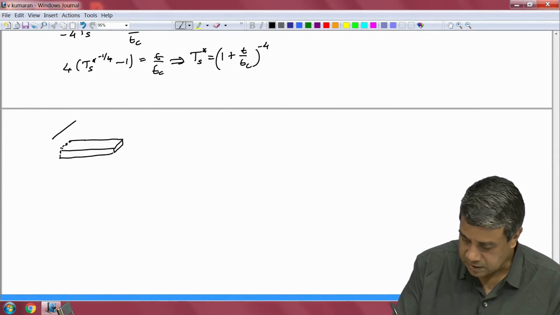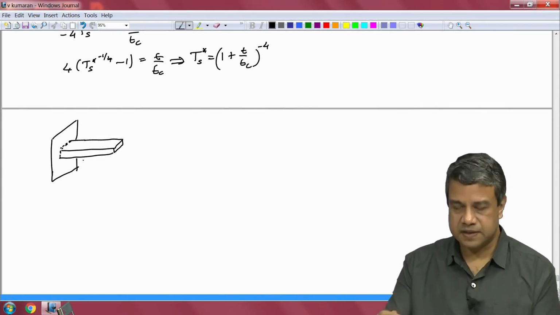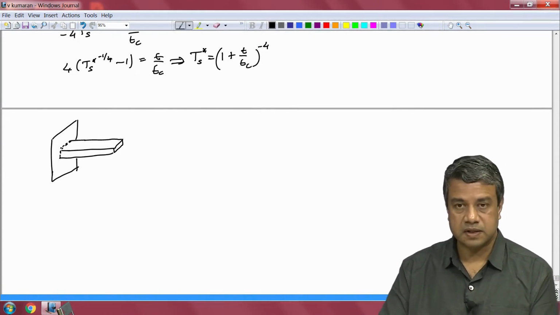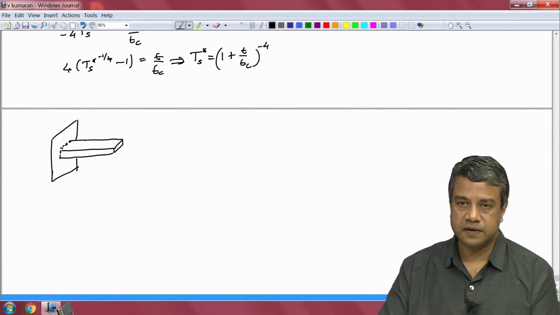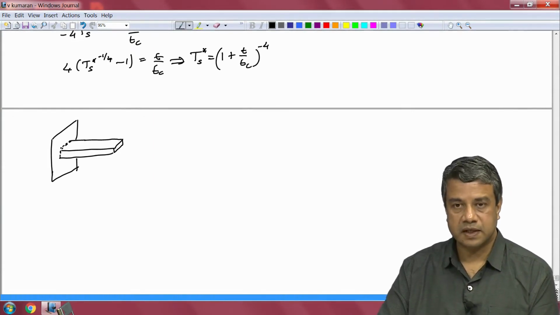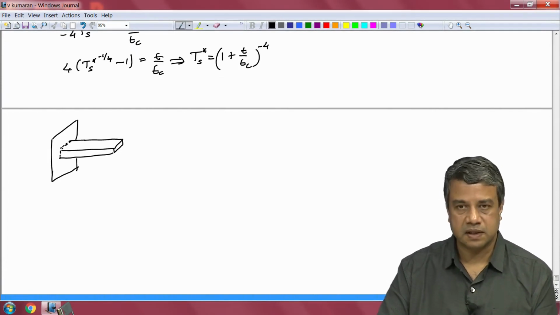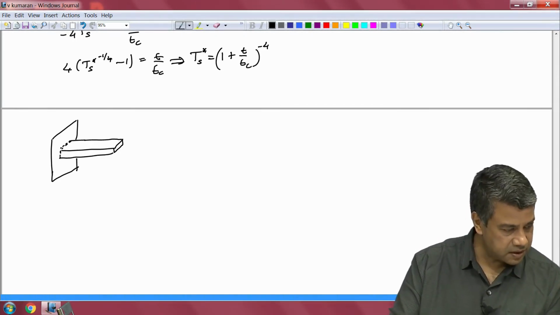Because you have a fin on the wall, effectively the temperature everywhere on the fin, because it has a very high thermal conductivity, is the same as the wall temperature. And because of that you have enhanced heat transfer, because it has increased the surface area for heat transfer.